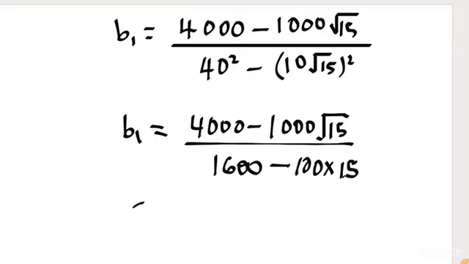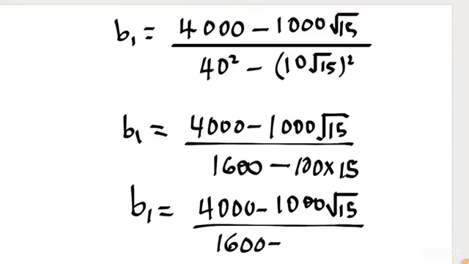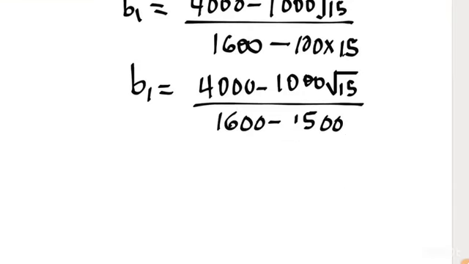Do you understand? So we're going to have B1 equals 4,000 minus 1,000 root 15, then divided. So if you press your calculator, multiply 1,600 minus 1,000, so this is going to be 1,500. Are you getting it?